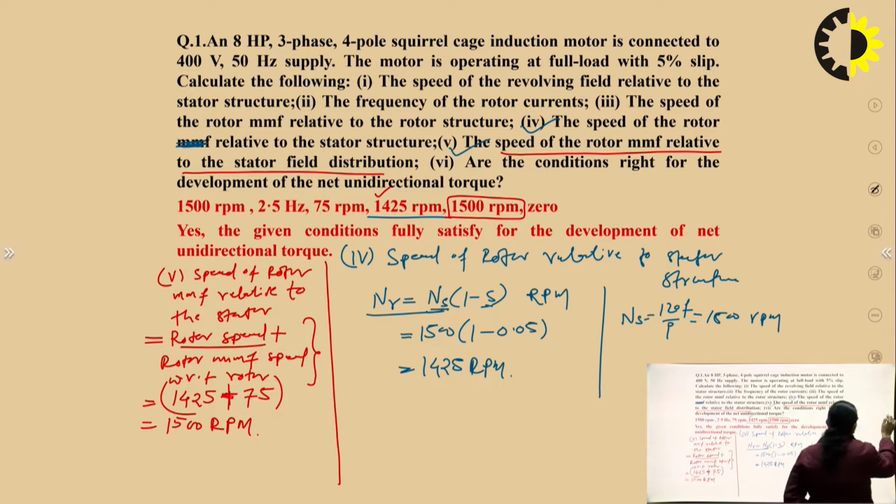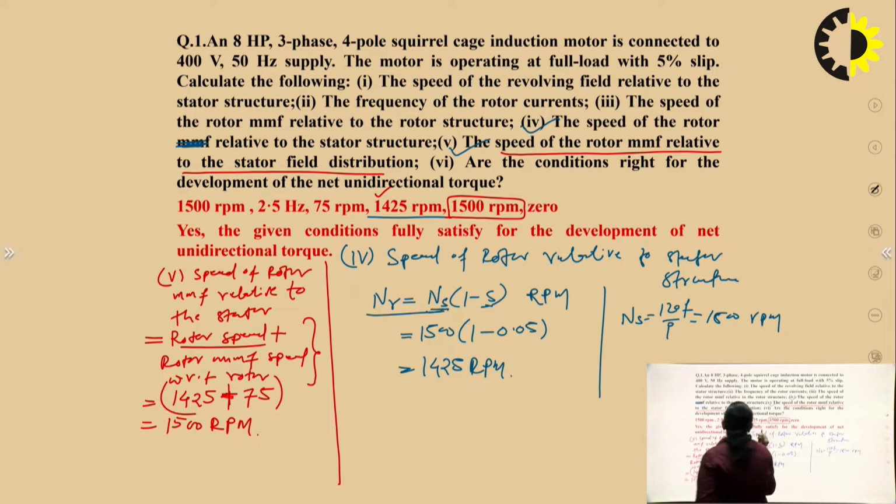Now let us consider what the question is asking next. It is asking for the rotor MMF relative to the stator field distribution. So in continuation with this, the speed of rotor MMF relative to the stator MMF, right?